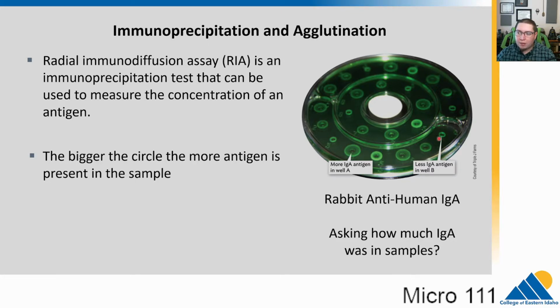You can see this one has less antigen and it doesn't spread as far out. In this case, we're asking how many IgA molecules were in a sample, and we're actually using antibodies that measure antibodies, so it's a little mind-blowing, I know. We'll look at some simpler examples here.